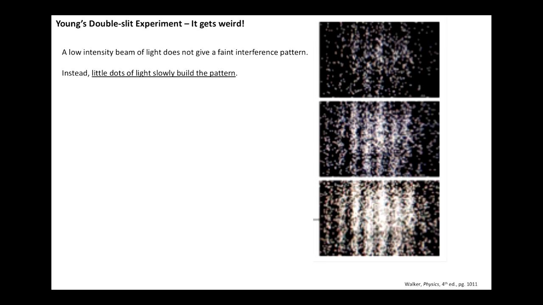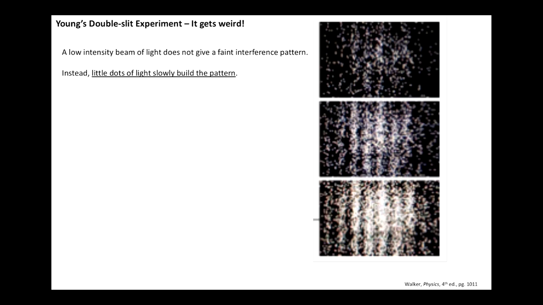And it makes a little dot somewhere else. And you could do this for your entire life. And at the end of it, you would get these lines as if all of the photons you sent over 100 years of time interfered with each other. How can that happen? That's weirdness part 1.